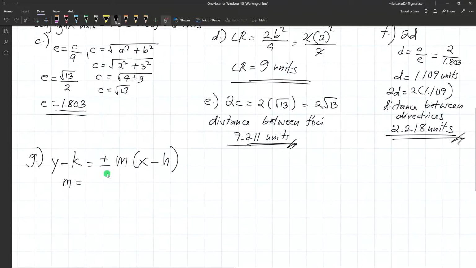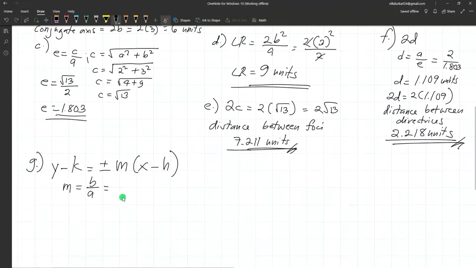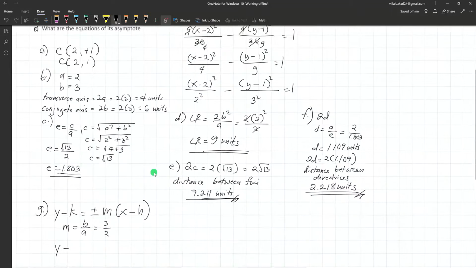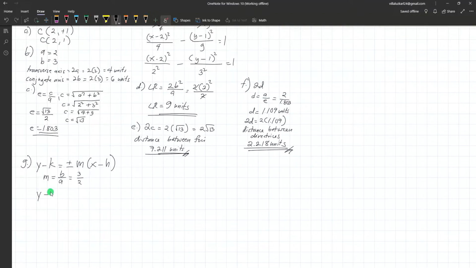B is 3, a is 2. Substitute now y minus k, based on the center of the hyperbola. Our k here is positive 1, so just substitute positive 1 equals positive or negative 3 halves of x minus 2.